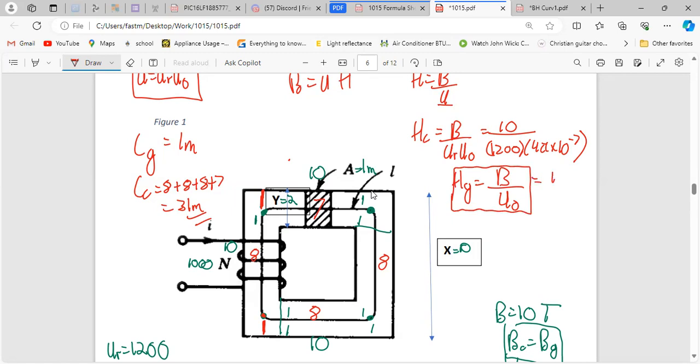So this will just be 10 divided by 4 pi by 10 to the minus 7. Right? Just looking at the maths here, HC, you can notice that because you're multiplying this by 1200, you actually go and get a smaller HC, sorry. But because of this now, 10 divided by an extremely small number will give you an extremely big number. Yeah? So you could clearly see that if you have to calculate the reluctance for this, the answer will actually be very big for the air gap compared to the core.